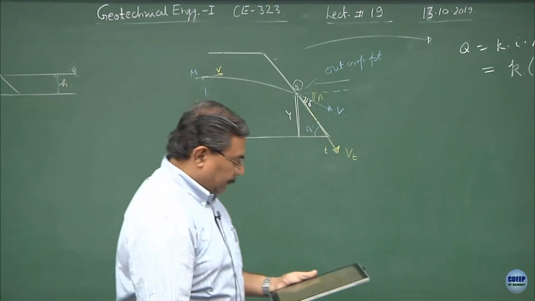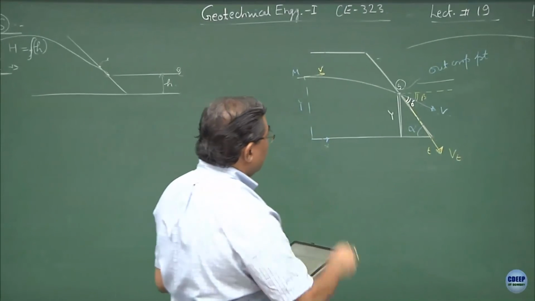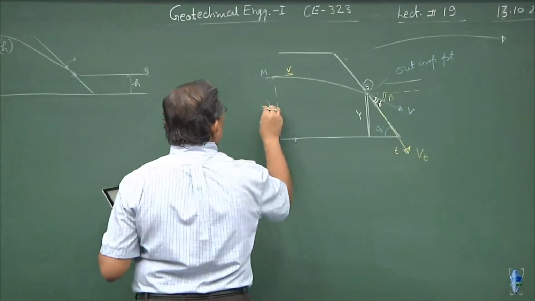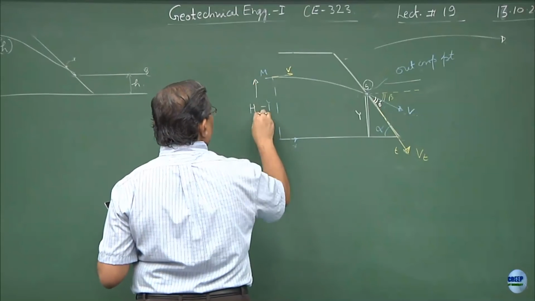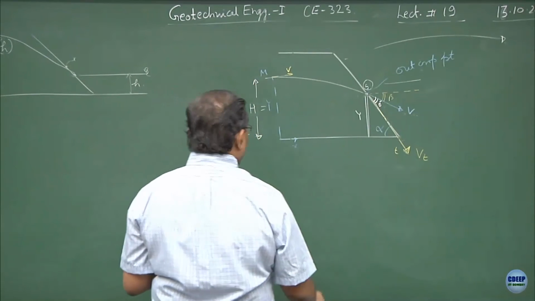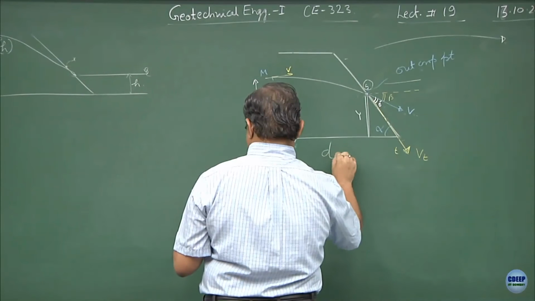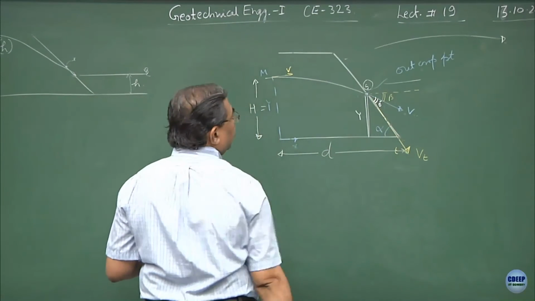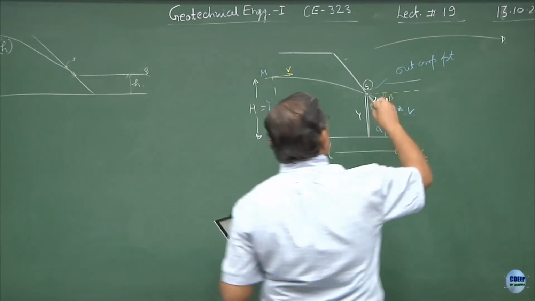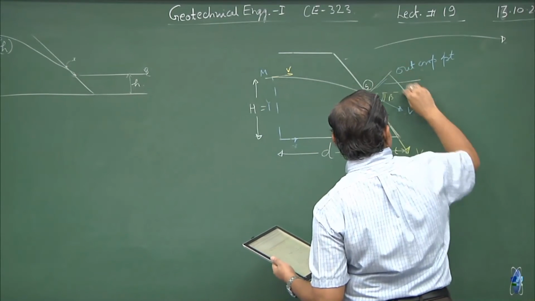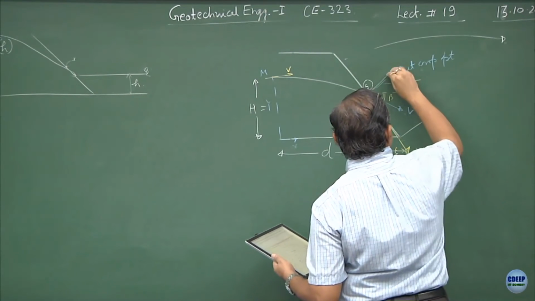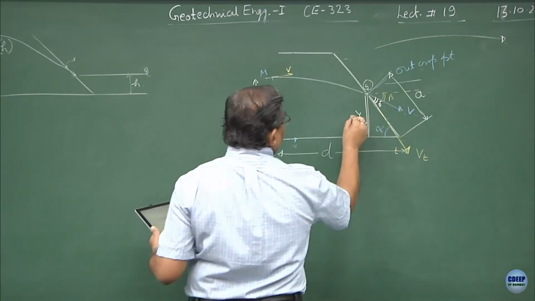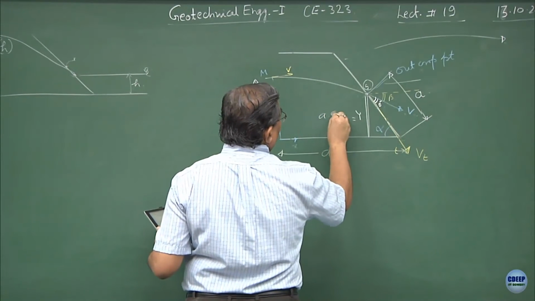Solve this expression in such a manner that if this y is equal to h, capital H, and say this distance is d, and this outcrop distance is A, this y will become A sin alpha.